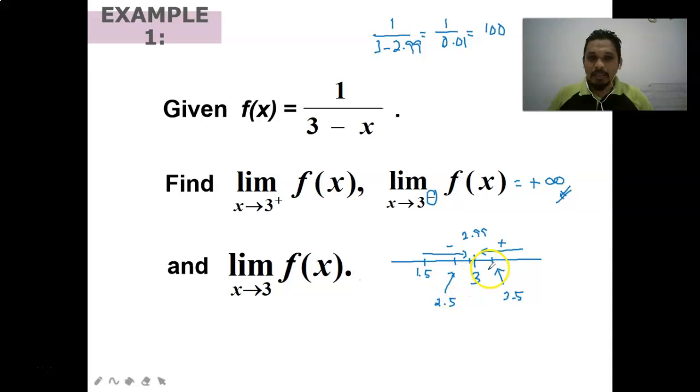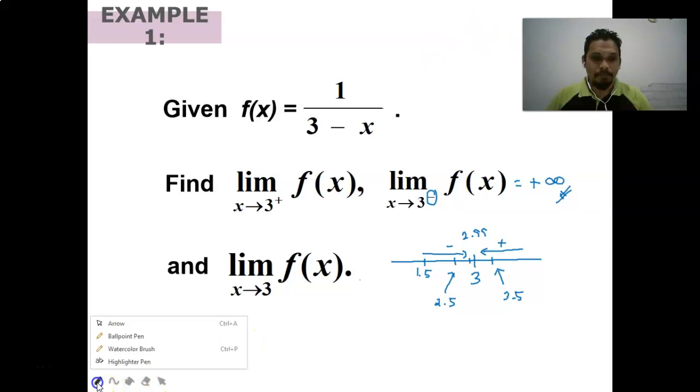Okay, now x approaching 3 from the right side. Then 1 divided by 3 minus, here it is 3.5.